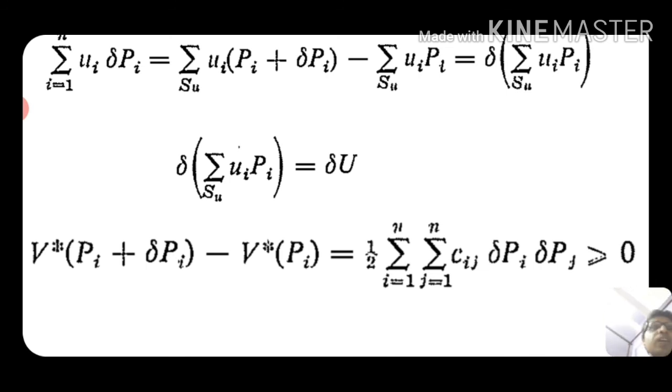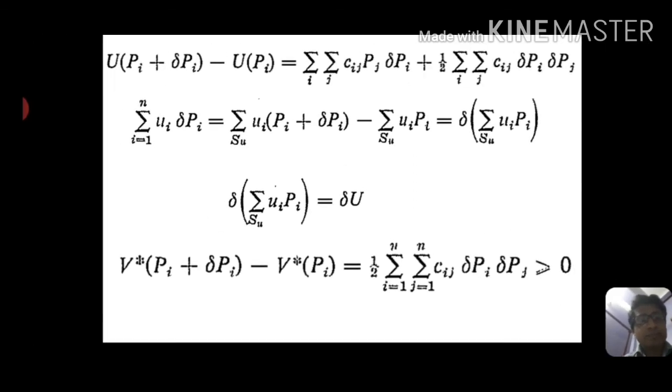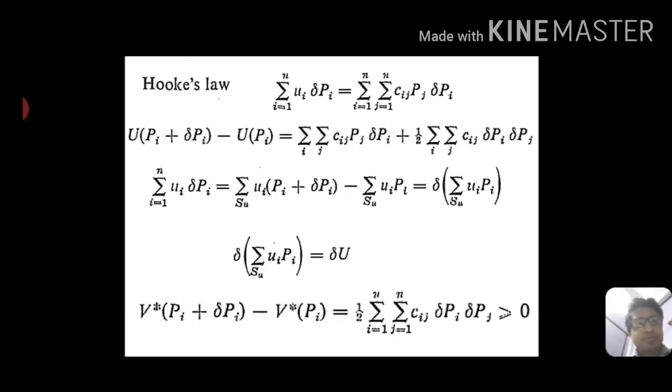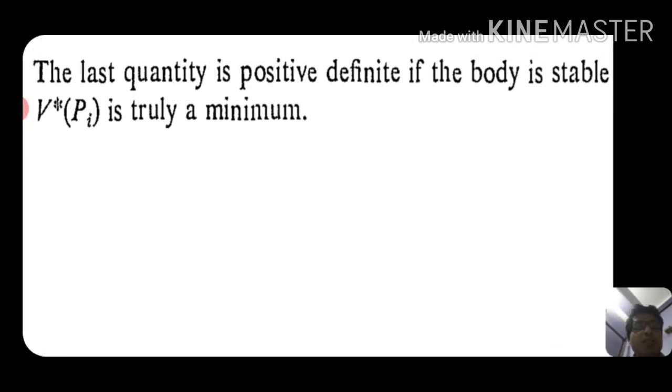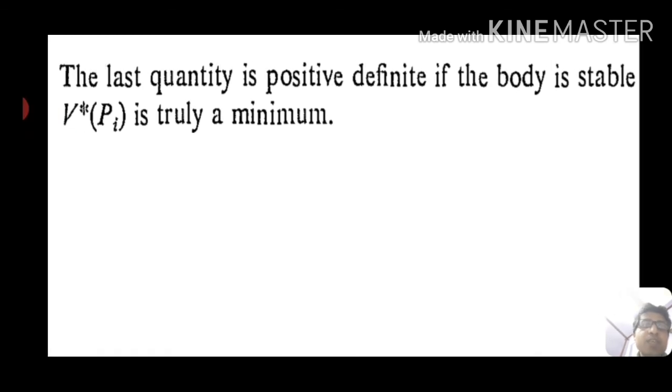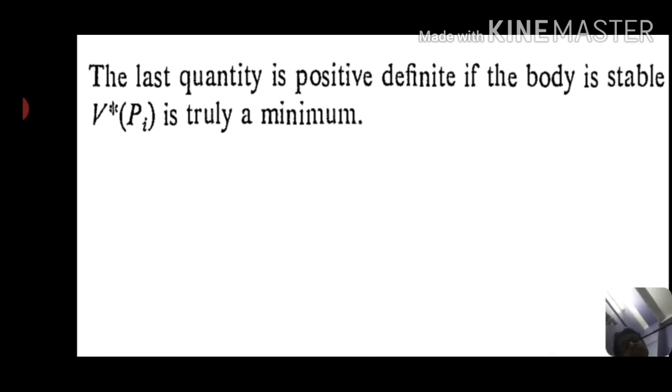So this is our final expression. Finally, the last quantity is positive definite if the body is stable, and V star of Pi is truly a minimum.